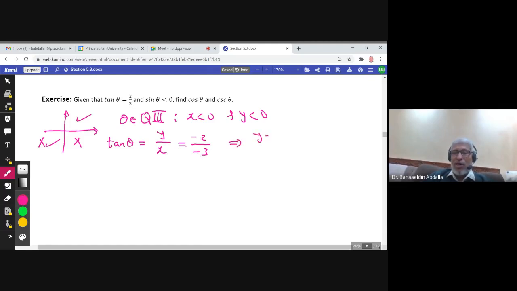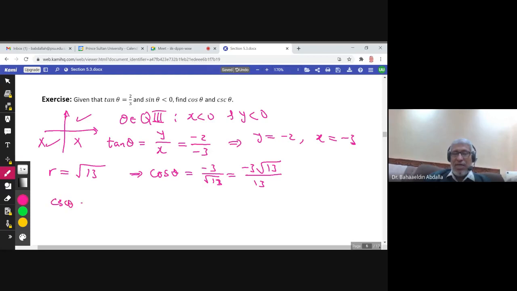So y is negative 2 and x is negative 3 because theta is in the third quadrant. And now I find r, square root of x squared plus y squared, square root of 13. So now I can find cosine theta. Cosine theta is x over r, or if you multiply by the conjugate, it would be like this.